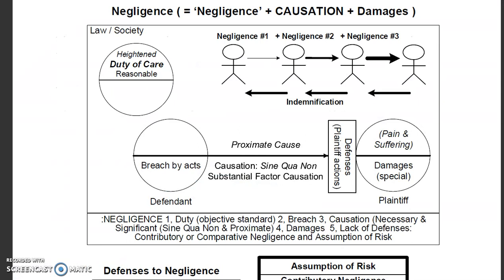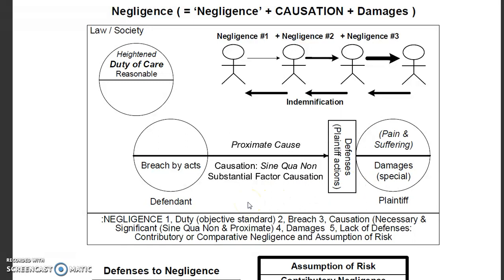Okay, so let's take a look at negligence and see why it is such a tenuous tort to prove in this case, and also tenuous to prove in many cases. Negligence requires the breach of the duty of care by the defendant, and it needs to be shown that the defendant breached his duty of care by the acts that he performed and caused damages to the plaintiff.